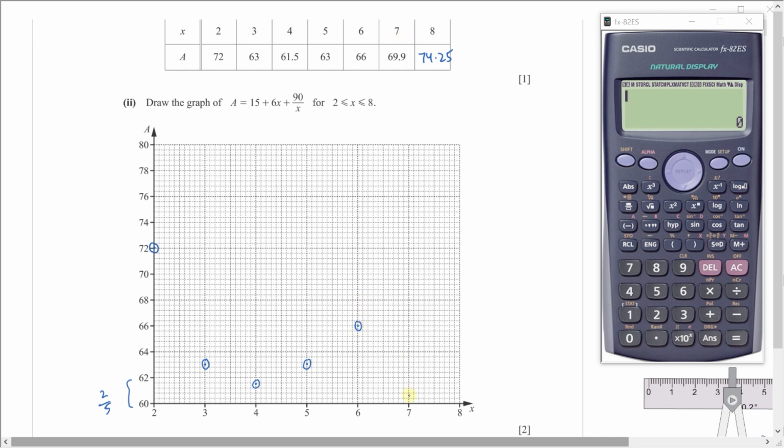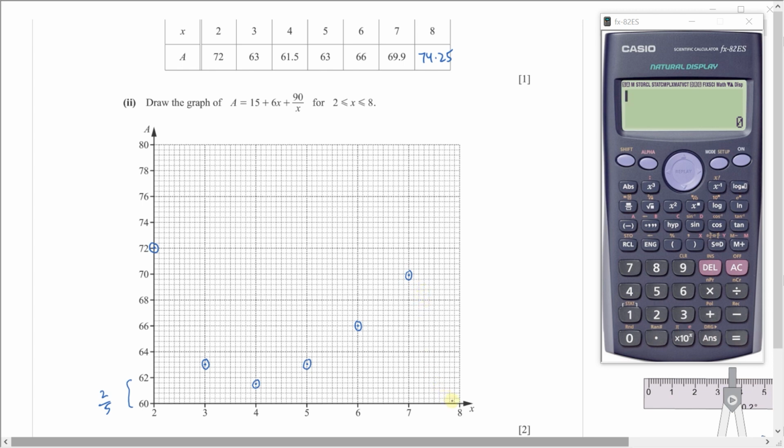And then 7 is 69.9. So this is 70. This will be 70 minus 0.4, which is 69.6. So 69.9 will be right below 70, more than halfway through this small block.